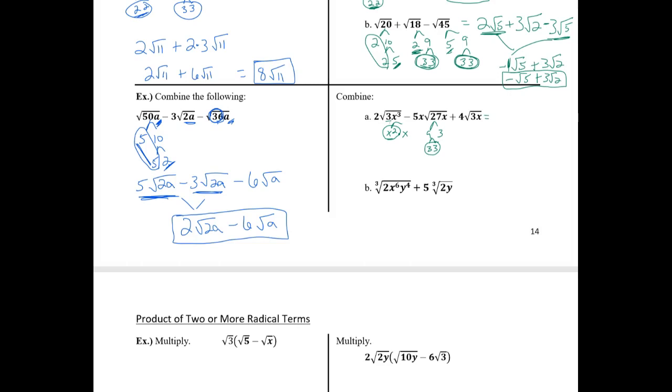I'll have the 2 that was already out front times the square root of x squared, which is x. What's left underneath? A 3 and an x. So square root of 3x. Minus, I still have that 5x out front.